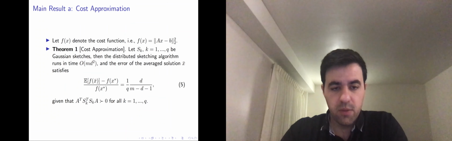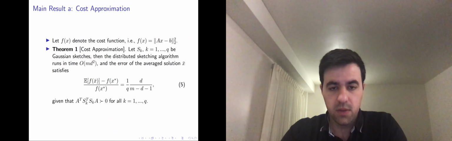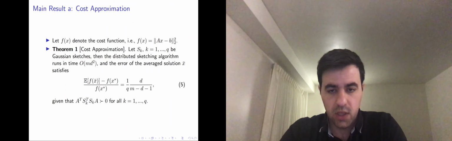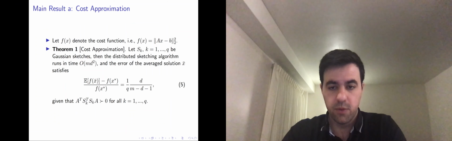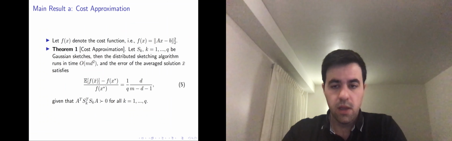Before we give the main result, let us define the cost function as f of x, which is equal to the least squares objective, the squared norm of Ax minus b. Note that x star is the optimal solution and x bar is the average solution, namely the output of the algorithm from the previous slide. Theorem 1 characterizes the expected difference between the cost of the average solution and the optimal value.